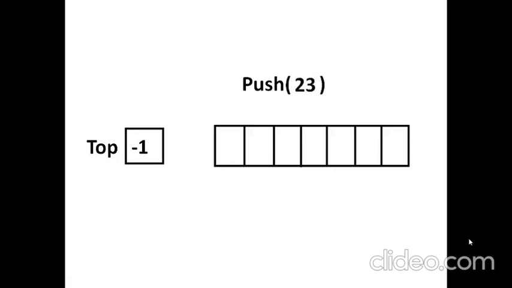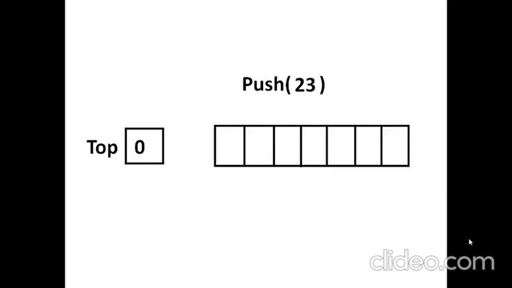At this stage, I'm going to insert 23 by invoking the push operation. What will happen? Step 1 is you have to increment the top and check whether the top value is less than the size of the stack, because of overflow. If it is implemented in an array, then you must also take care of the overflow or stack full possibility.